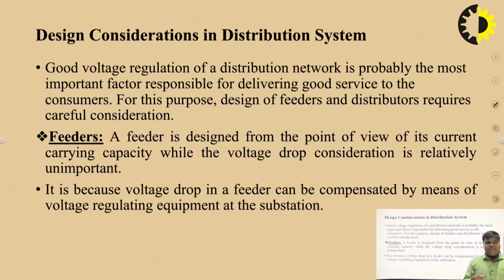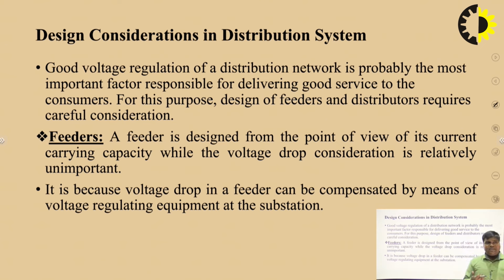This is the important keyword when we discuss the distributor for a distribution system. The voltage range is very much important, that is plus minus 6%, and the voltage remains the same. It is uniform during all the operation, but in the case of feeder, the current will be the same, and in the distributor the voltage will be the same.